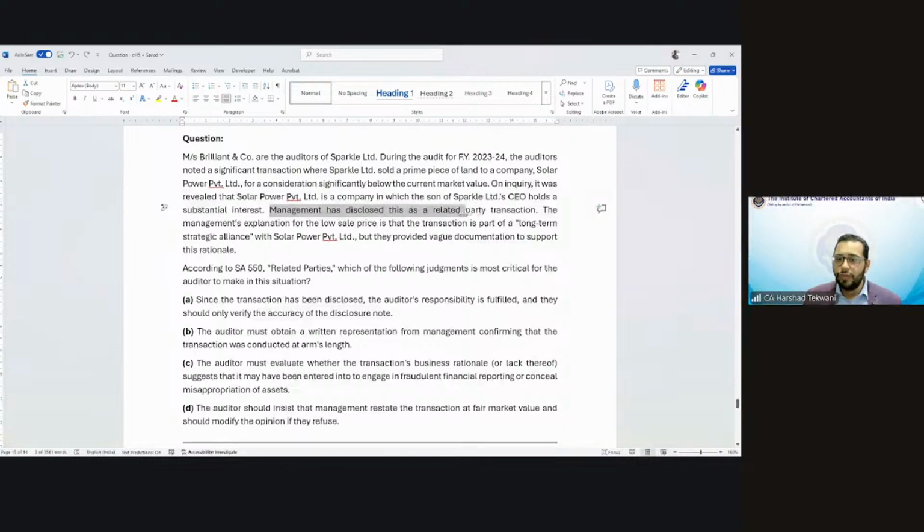Management has disclosed this as a related party transaction. The management explanation for the low sale price is that the transaction is part of a long-term strategic alliance with Solar Power Private Limited, but they provided vague documentation to support the rationale. According to SA 550 related parties, which of the following judgments is most critical for the auditor to make in this situation? So options are given. Take a minute, read the question and then try to answer.